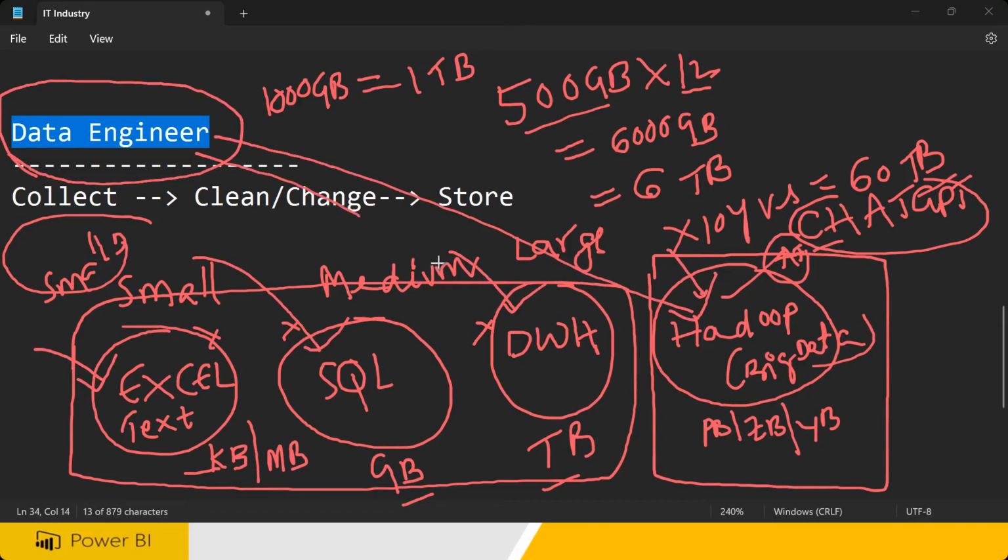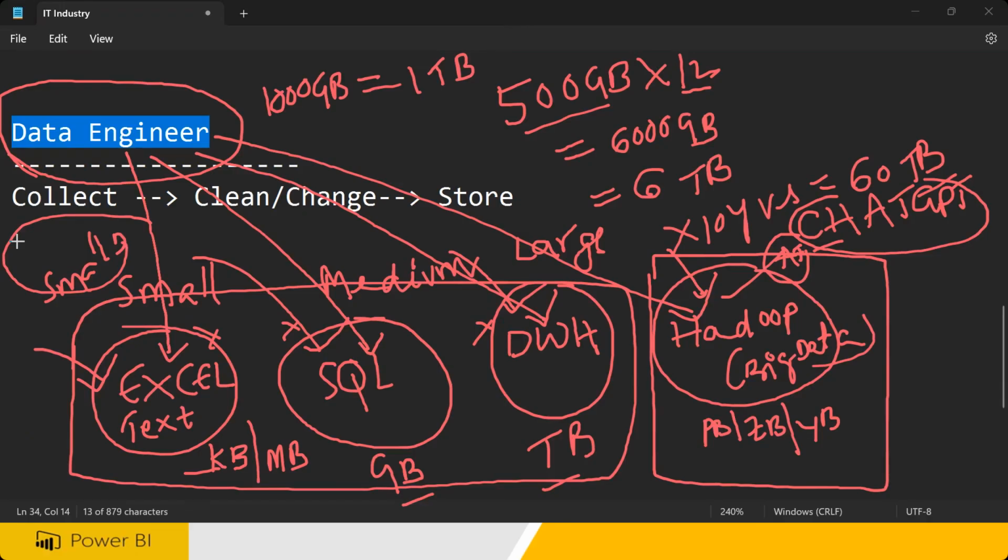So anywhere, whether you have small data or bigger data, who's going to be setting up the system? The data engineer. Data engineering people are going to be collecting the data, cleaning the data, storing. If it is small data, store it in the small bucket. Bigger data, store it in the bigger reservoir or bigger ocean. The ocean is called your big data Hadoop.